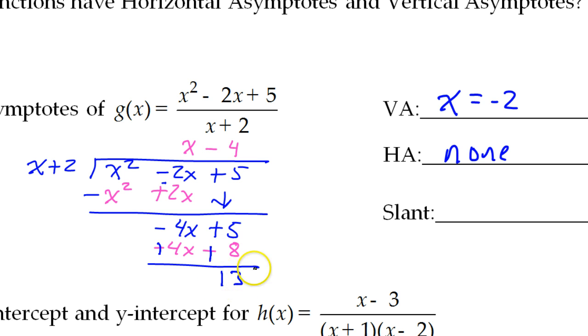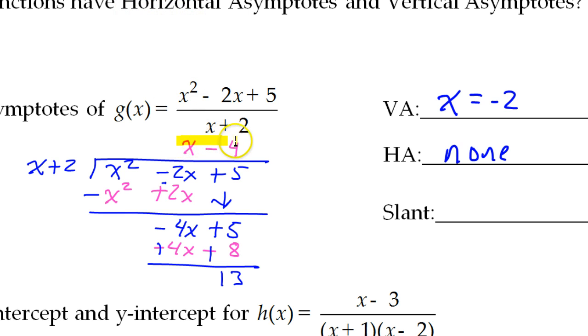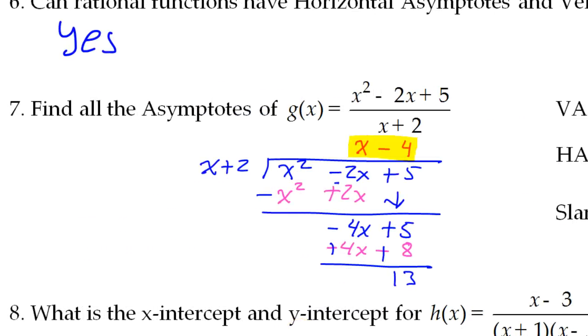Okay, so that's my remainder. I don't really need it. So the slant asymptote is just this part here at the top. Okay, this is the slant asymptote. So y equals x minus 4. Okay, so that is it for number 7.